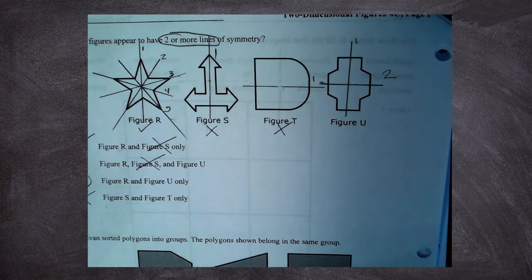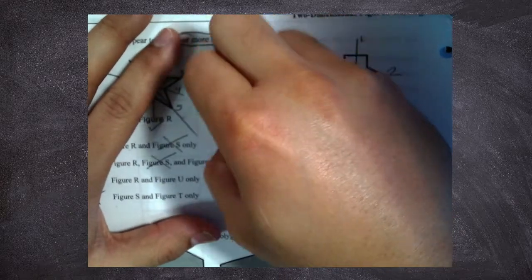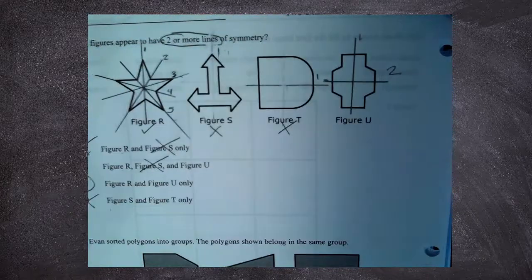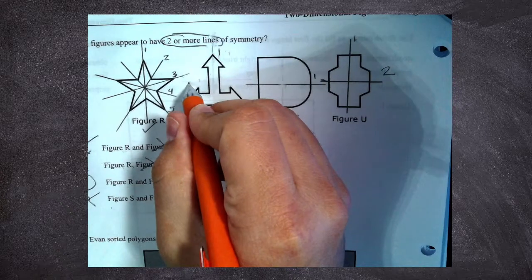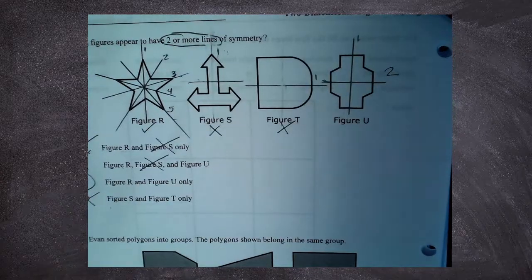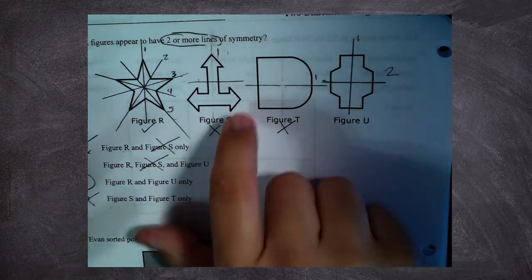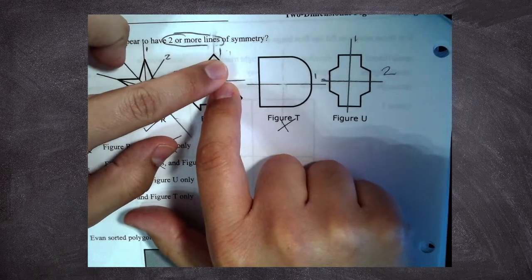If I notice that my fingers are doing different things, so if it was something like figure S, then I don't have symmetry.